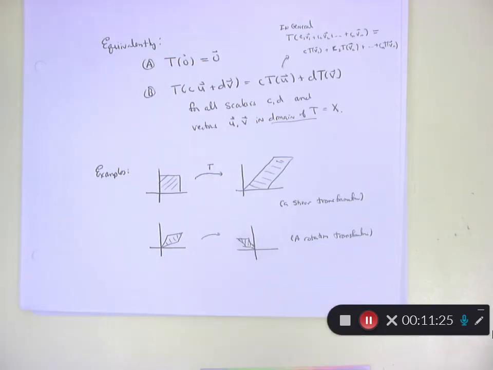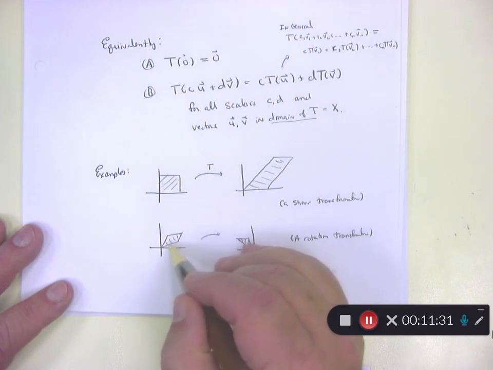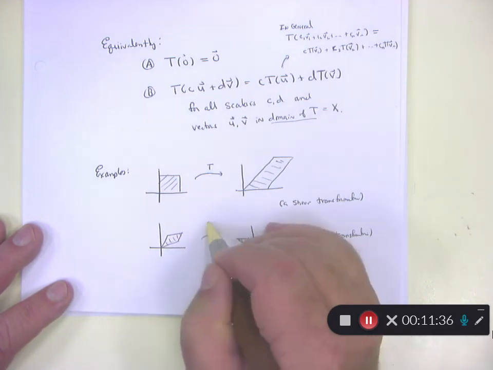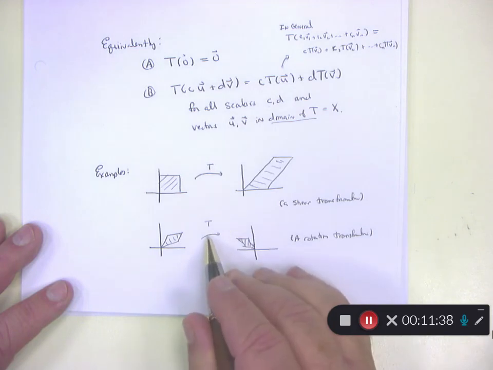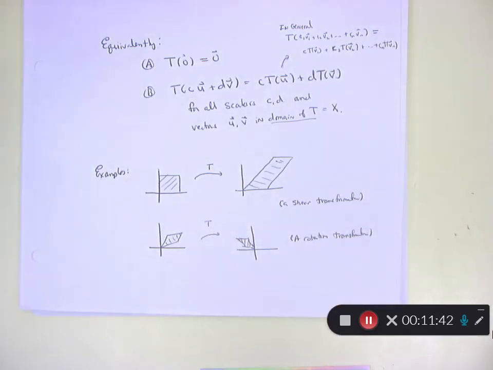Another thing a linear transformation will do is rotate. So I first start out in the X world. I've got this little block of little vectors inside this little block. And what my T linear transformation will do is maybe rotate it 90 degrees or 45 degrees or some kind of angle that I pick.